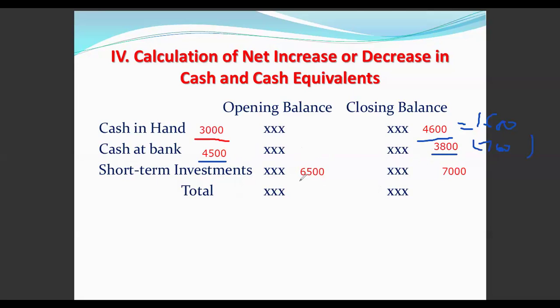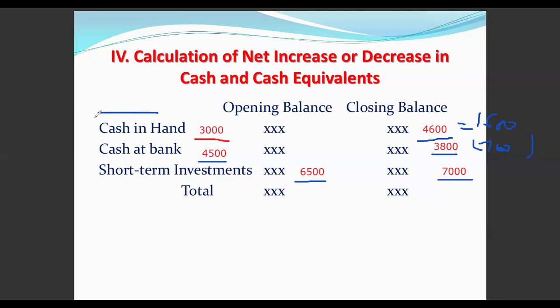In case of short-term investments, it was earlier 6,500. Now it is 7,000. When the short-term investment increases, it simply means I have invested more in short-term investments. So when the closing balance increases, it indicates the money has flowed out to purchase the short-term investment.